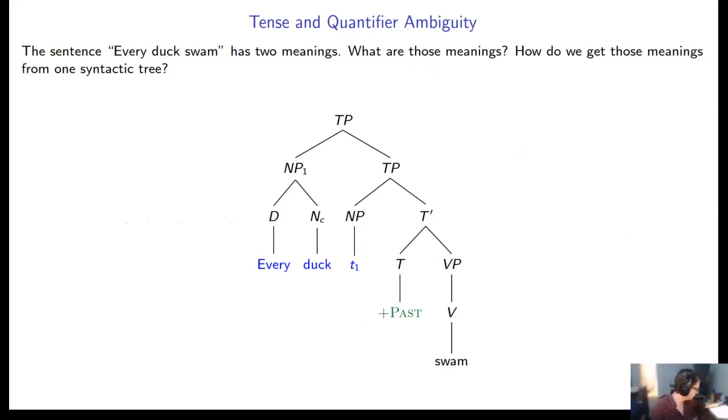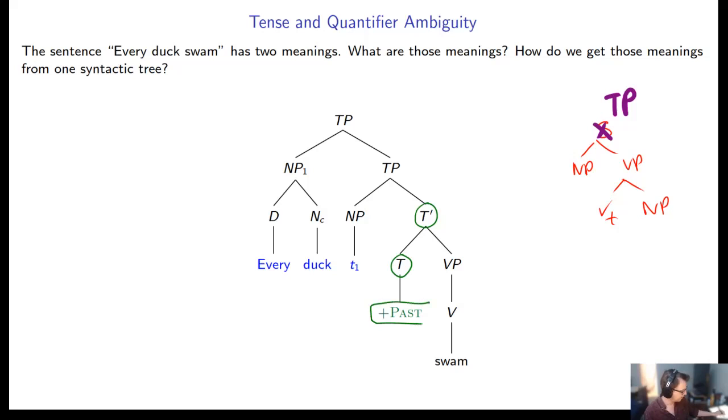Instead of having something like S to NP to VP, V, and then another NP, we can now replace the S with a TP. With that TP comes the introduction of the T bar node and the T node, and the T node has tense on it. On all of these, I'm going to use green to indicate tense.